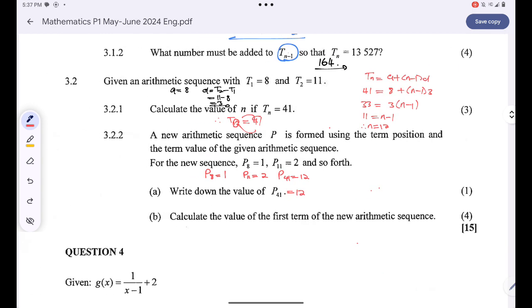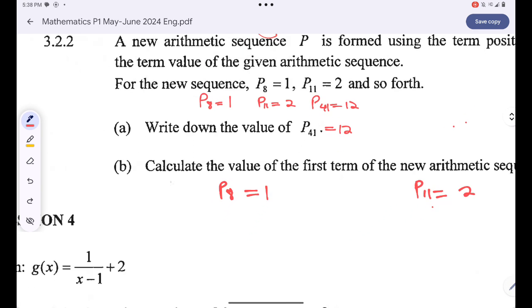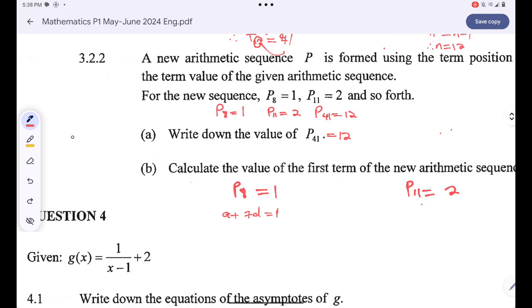Now they want us to calculate the value of the first term of the new arithmetic sequence. I know that P8 is equal to 1, and we also know that P11 is equal to 2. That's basically A plus 7D is equal to 1. Why am I saying A plus 7D?